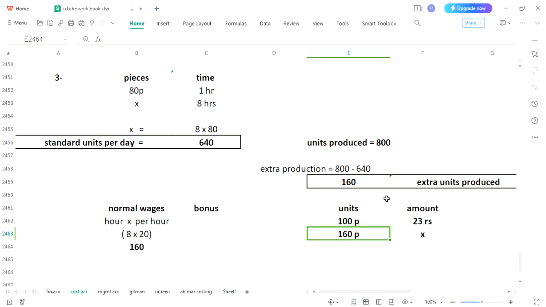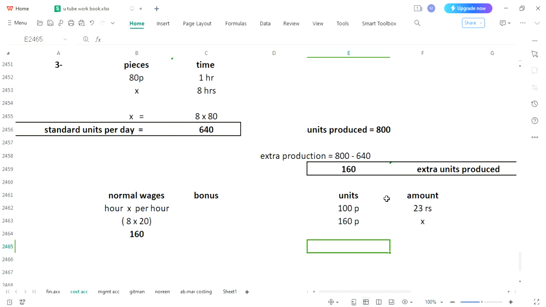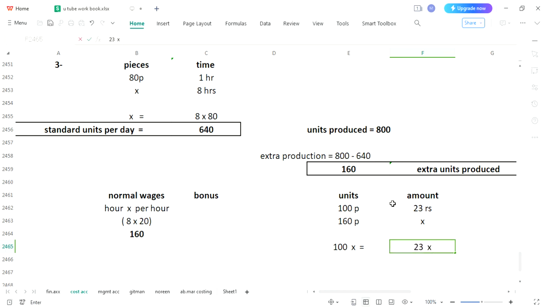Again, very simple accounting principle. Cross multiplication we are using without using our brain. X would be multiplied with 100, so we will get 100x. And on the opposite side, cross multiplication, 23 would be multiplied with 160.